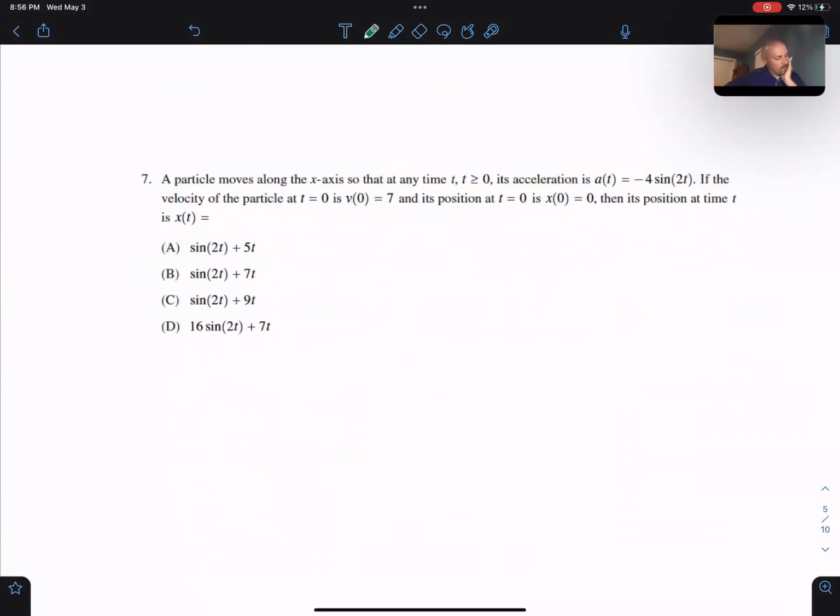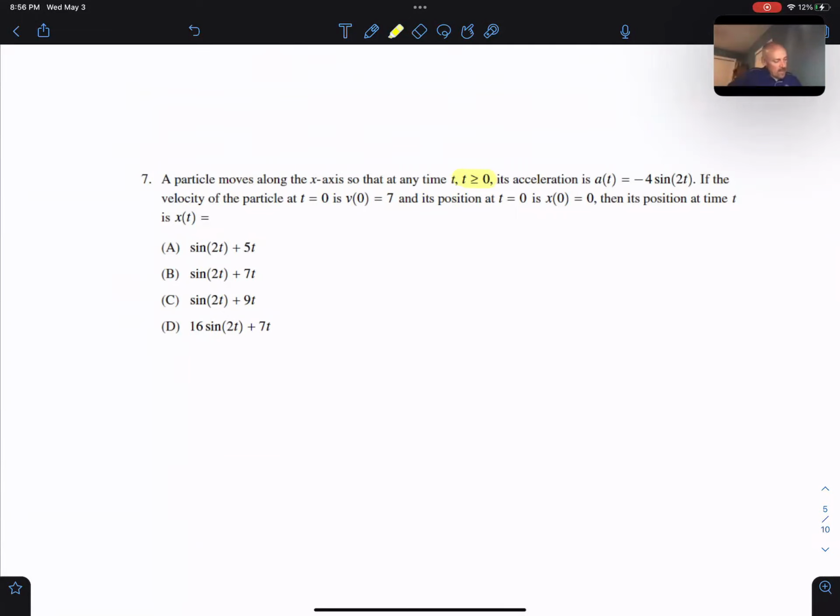Hey, look at this. Another particle. So a particle moves along the x-axis. Again, particle motion in one dimension, moving horizontally along the x-axis, so that at any time t greater than or equal to 0, I just make a note of that, its acceleration is a of t equals negative 4 sine of 2t.